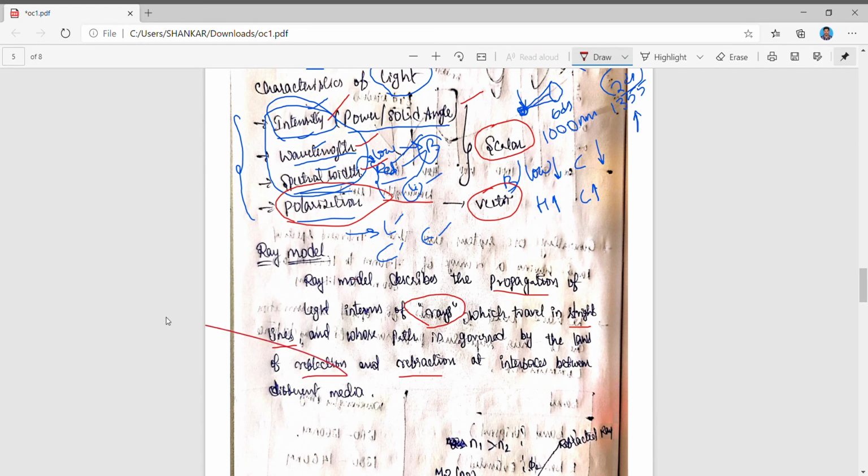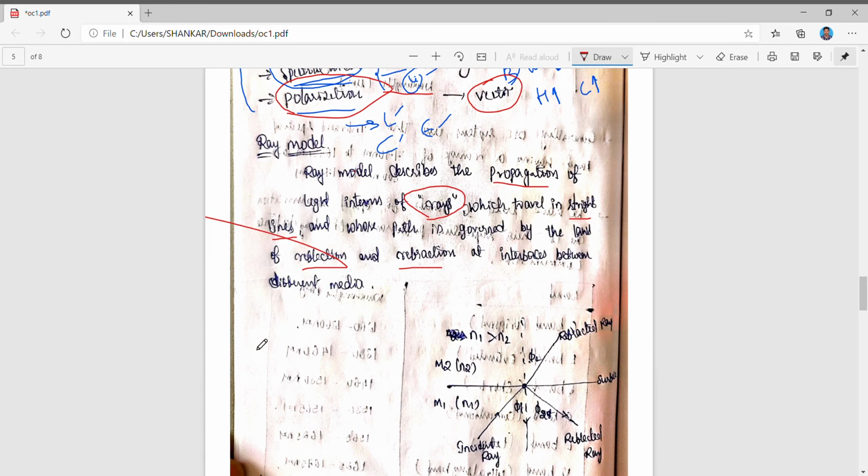See, I will explain here. Suppose we are transmitting the light as a straight line, it will strike a plane medium. Suppose here it is one medium, and here is another medium. The ray model describes the propagation of light in terms of rays which travel in a straight line.